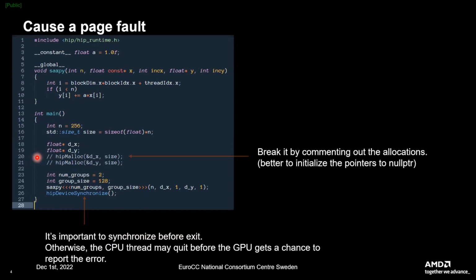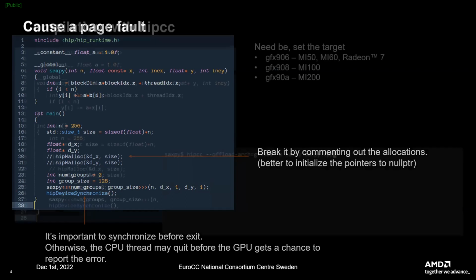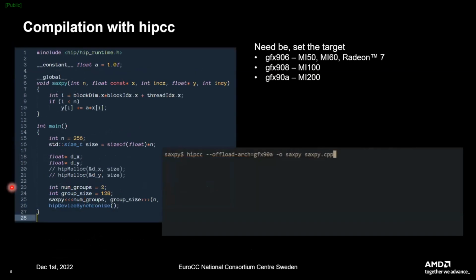And when I comment these lines out and try running, one important thing to note is that if I don't place a HIP device synchronize at the very end, the CPU thread may quit and exit, executing your program before the GPU even gets to report this error. So it's important that we keep the synchronization in here at the very end. So anyways, I'm going to comment these two lines out, and then I'm going to try and build it.